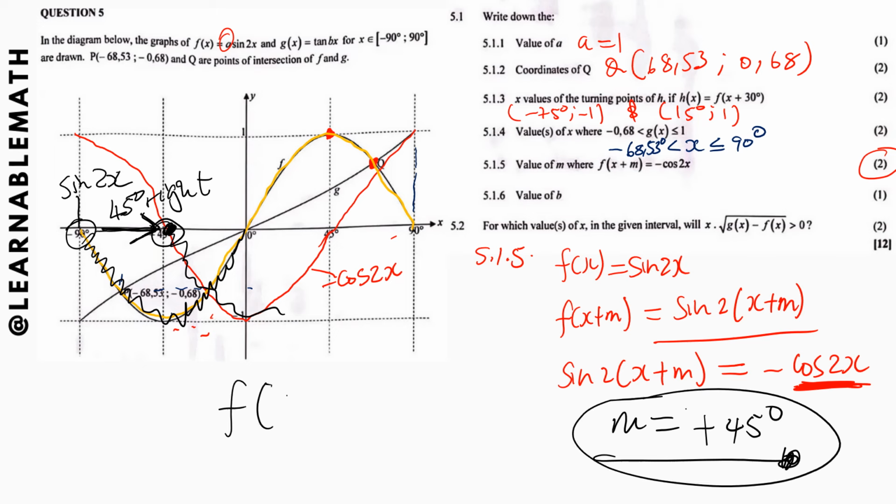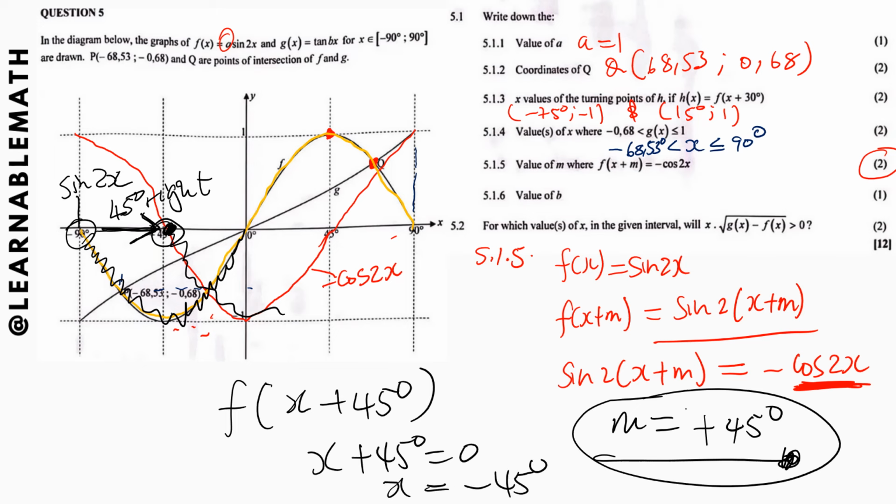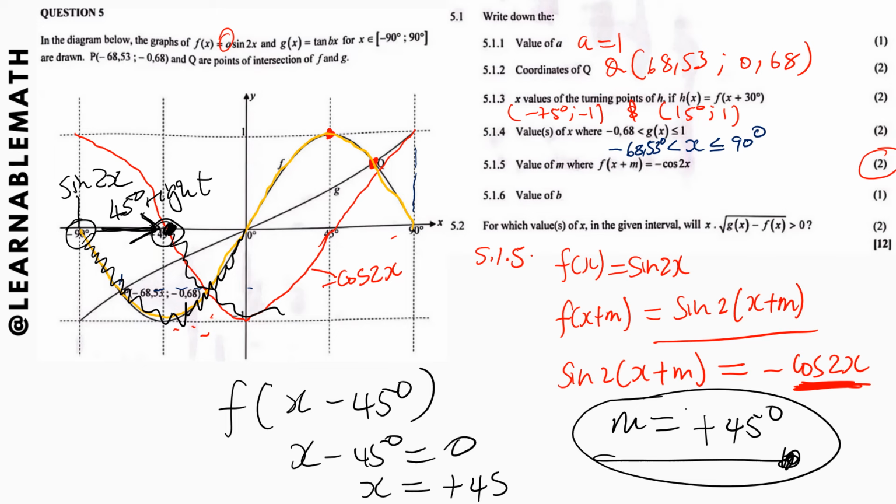If I say m is positive, it will mean when I solve here, I'm shifting 45 to the left. Can you see the mistake here? So when you substitute m there, it must be negative, so that when you equate to 0, it shows that you've shifted it plus 45, that is to the right.